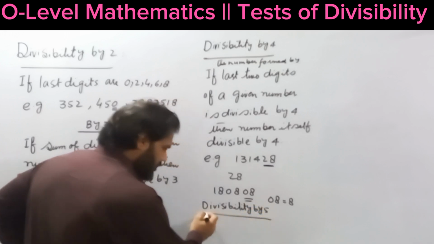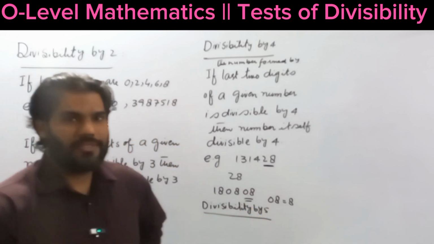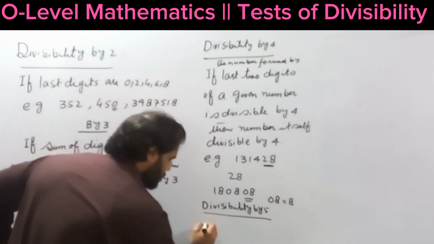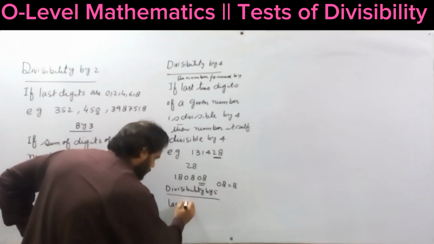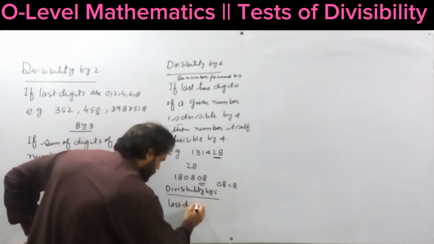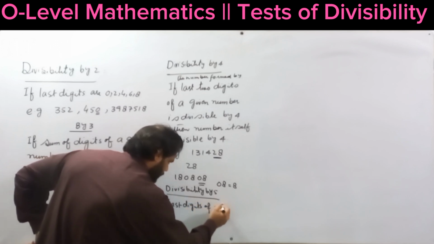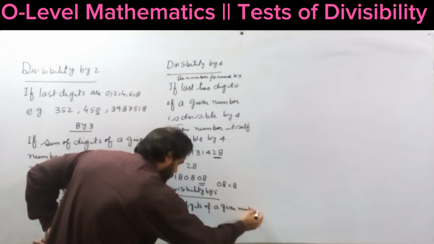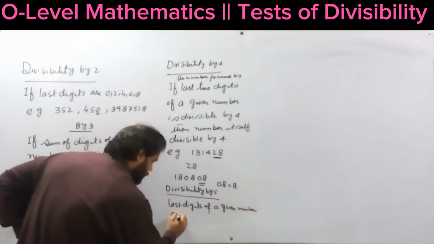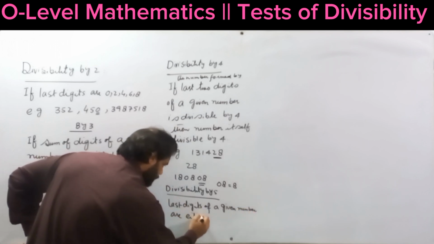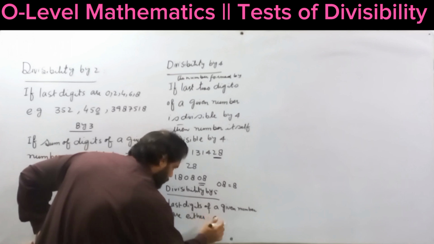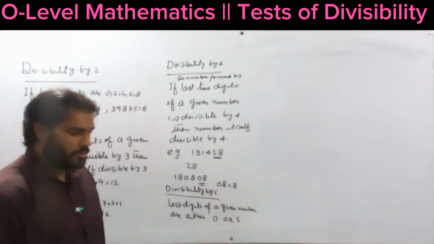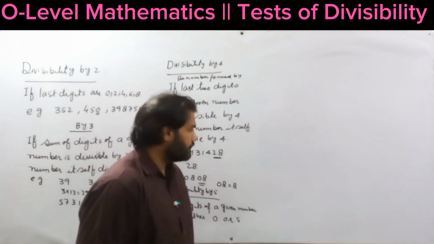A number is called divisible by 5 if its last digit is either 0 or 5. If the last digit of a given number is either 0 or 5, then that number is completely divisible by 5.